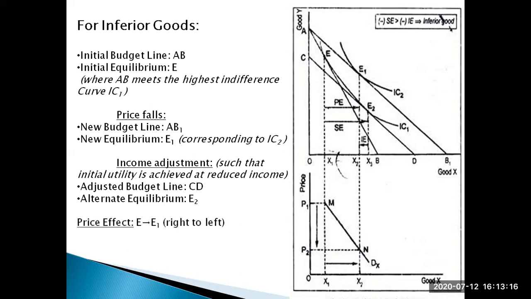Now, the movement of the individual from point E to point E1 illustrates the total price effect, where the fall in the price and the increased affordability allowed the individual to increase his consumption of good X. But the substitution effect, which is the movement from the initial point to the intermediate point, from E to E2, was actually larger than the total price effect.